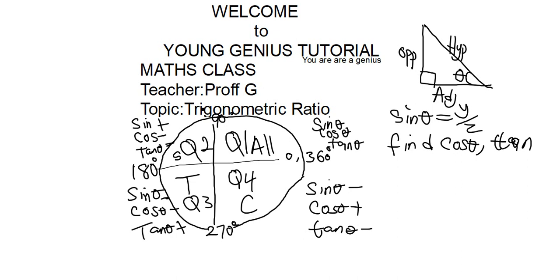And then cosec theta, then find sec theta, and also find cot theta. So now, from this question that is given to you, you are asked to find cos theta, tan theta, and cosec theta.